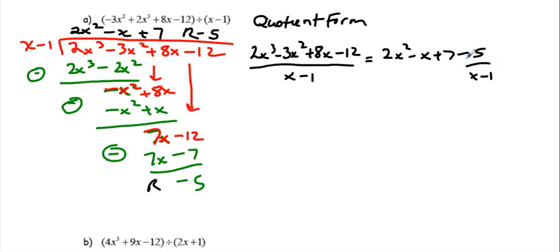So we don't put plus minus, right? It's plus the remainder, yes, but the remainder happens to be negative, so we just put minus 5 over x minus 1, the divisor. So this is quotient plus remainder divided by divisor. That's quotient form.